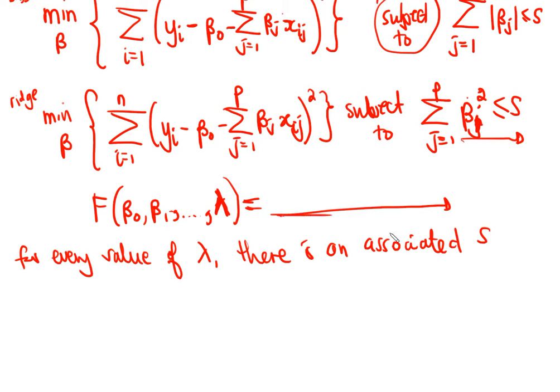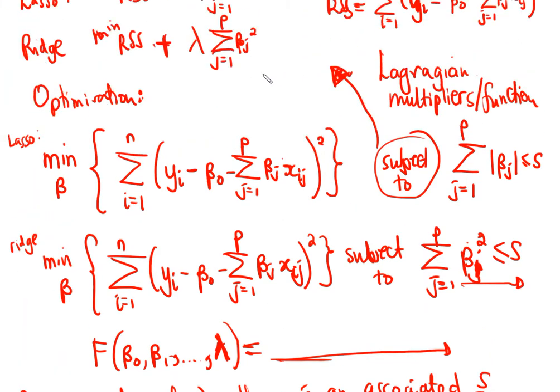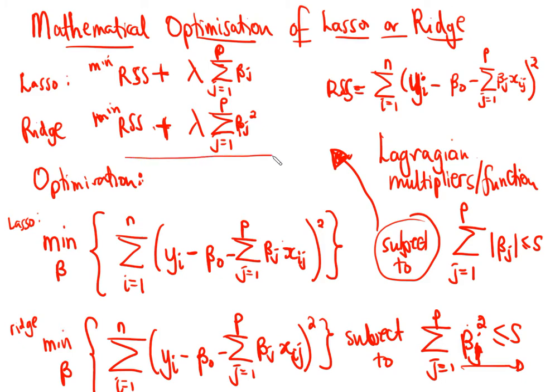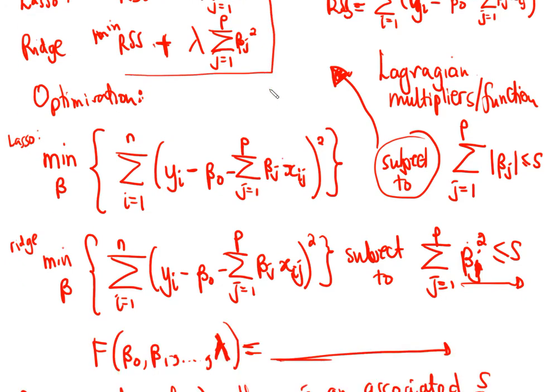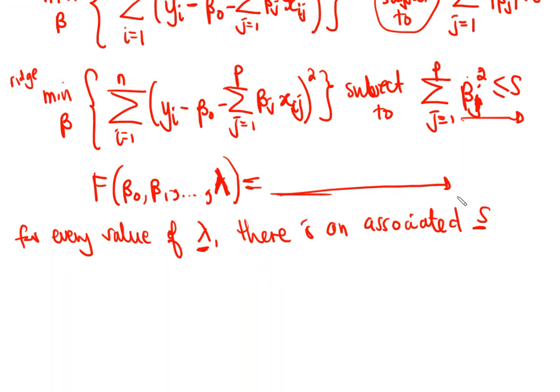So for every value of lambda, there is an associated s. Which means if we solve using the s, we'll just get the same Lasso coefficient estimates as if we have done the original using the lambda, but now we're using the s, right?